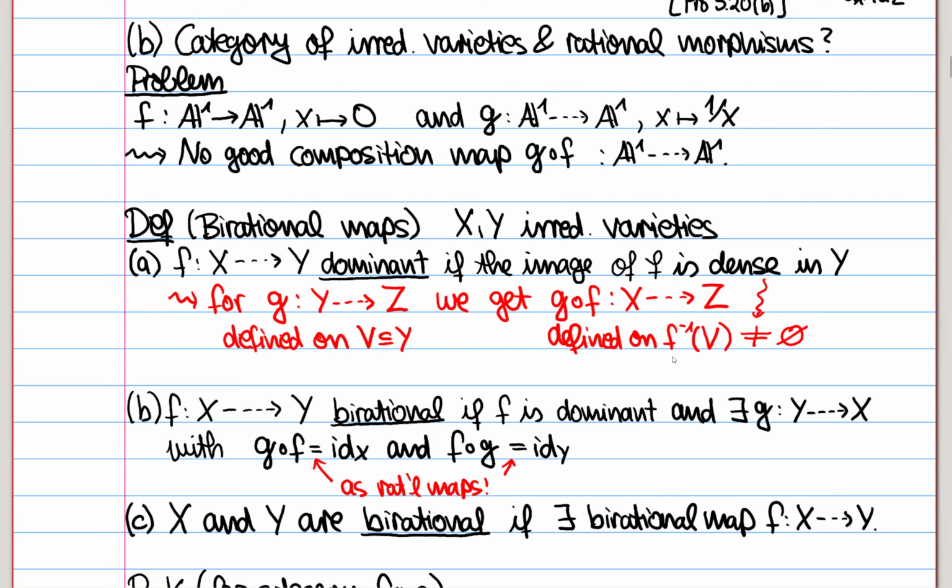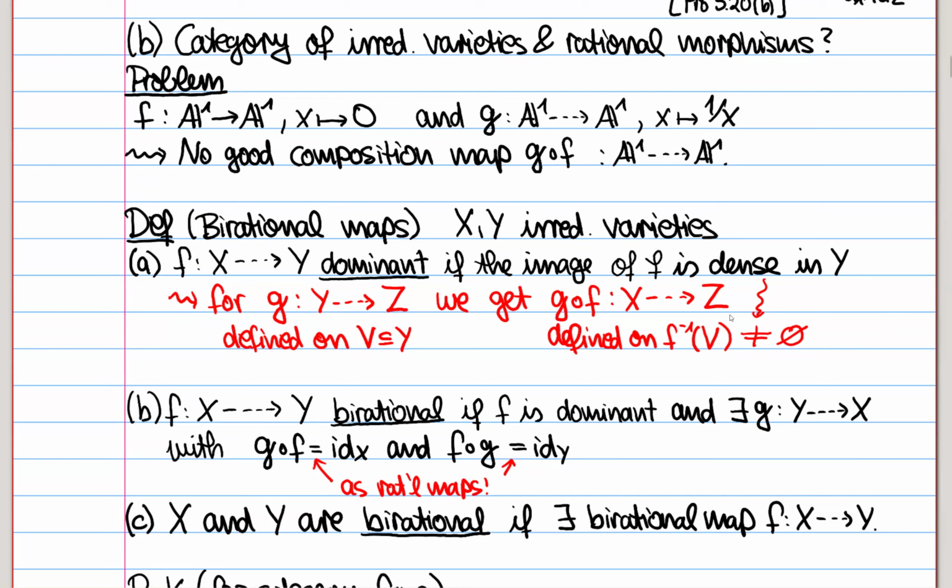So this map would be defined on the pre-image of V under F. And we have that the image of F is dense in Y, and V is a non-empty open subset of Y. And so by basic topology, the image of F must intersect V. And so the pre-image of V is a non-empty open subset of X, and so we do get a well-defined morphism from this open subset to Z.